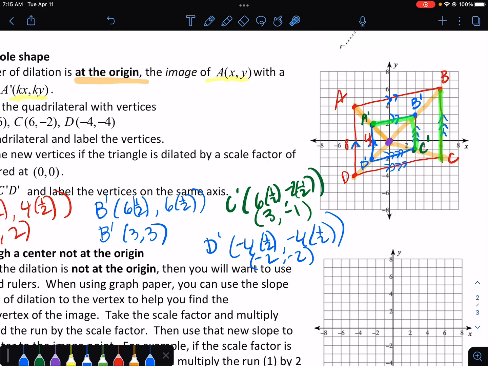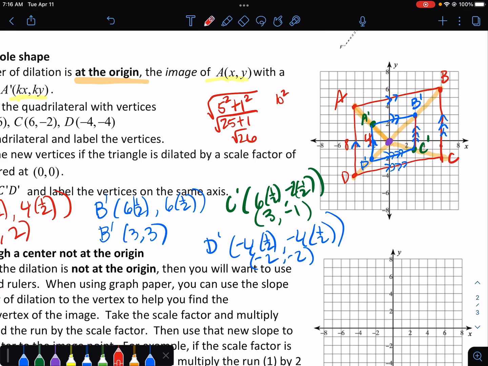And then we would need to use our Pythagorean theorem or a distance formula to find this one. So we've got 1, 2, 3, 4, 5, and then 1. So we would do 5 squared plus 1 squared, square rooted, would be this distance here. So that would be 25 plus 1, which is the square root of 26. If we look at this one, this is up 2 and over 1, 2, 3, 4, 5, 6, 7, 8, 9, 10.